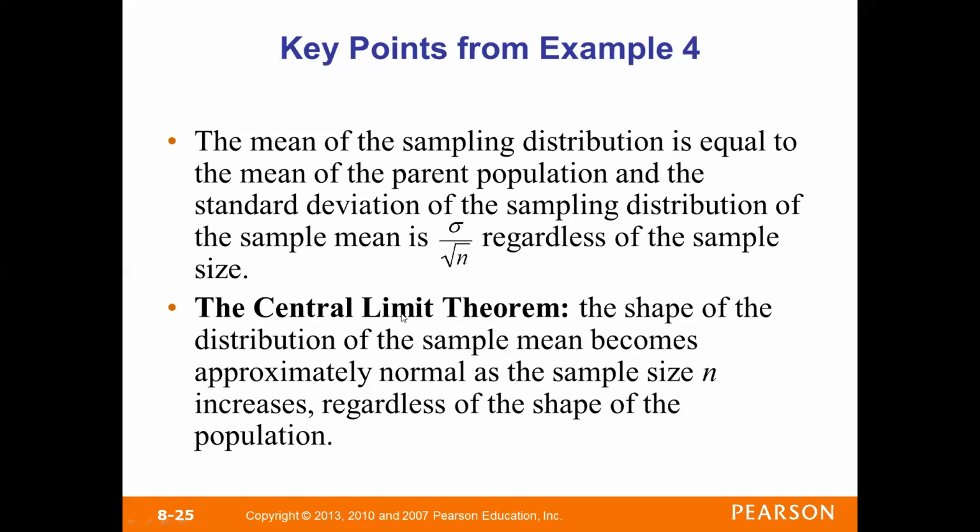This is what's called the central limit theorem. The central limit theorem says that the shape of the distribution of the sample mean becomes approximately normal as the sample size n increases, regardless of the shape of the population. So no matter what distribution I start with, if I take a large enough sample size, the sampling process will mirror a normal distribution, or will be approximately normal.